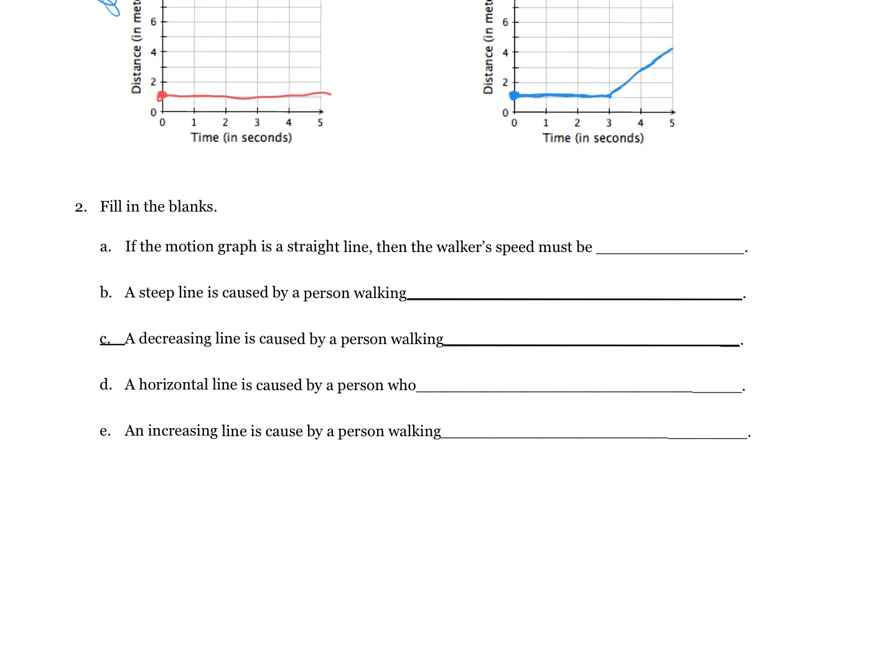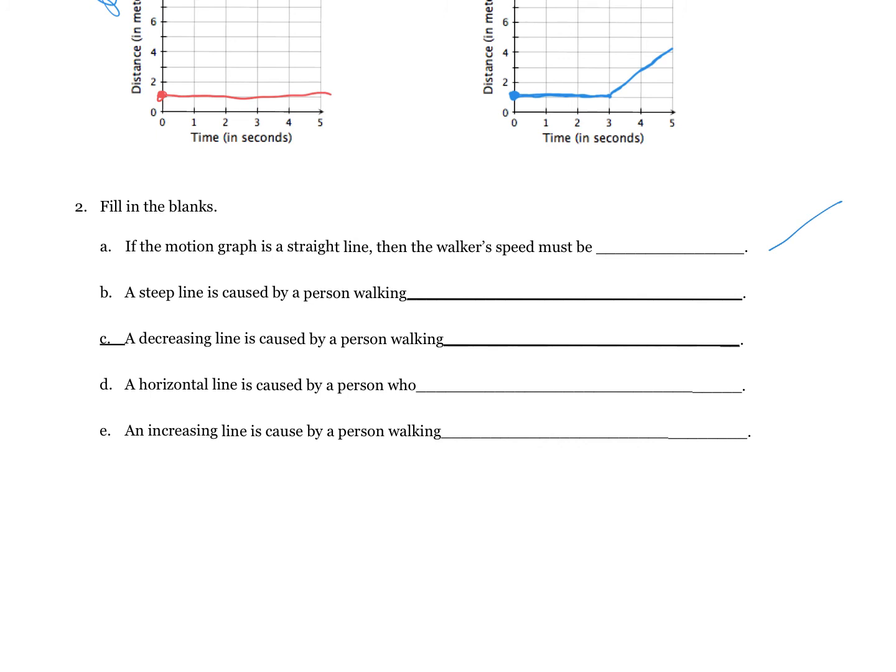All right, so now that you're back, okay, we're going to talk over these fill in the blanks, okay? This is based on what we were just doing. So, if the motion graph was a straight line, now I don't mean a horizontal line or a vertical line. I just mean a straight diagonal line.